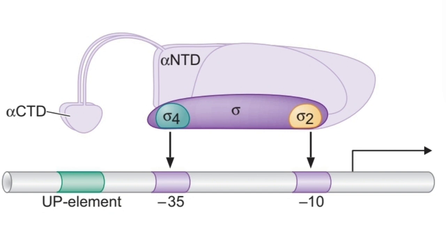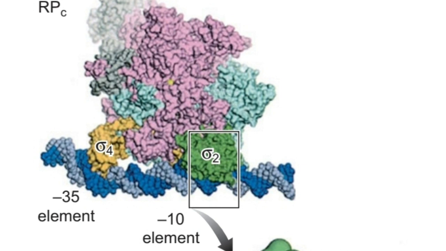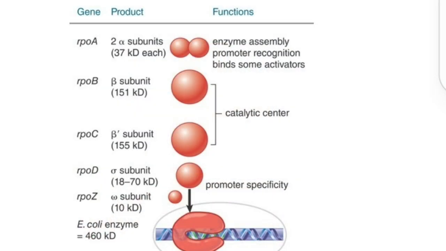It shows how the -10 element interacts with region 2 of the sigma factor, the -35 element interacts with region 4 of the sigma factor, and the UP element interacts with the alpha carboxyl-terminal domains, the 2 alpha CTDs of the alpha subunits of the RNA polymerase enzyme.